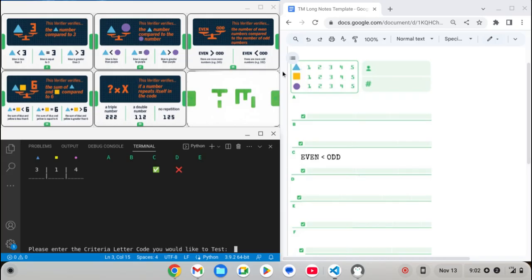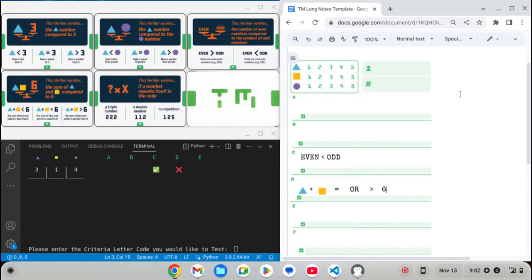So let's go ahead and type that up in our notes in section D. And that again is that triangle plus square is either going to be equal to 6 or be greater than 6.